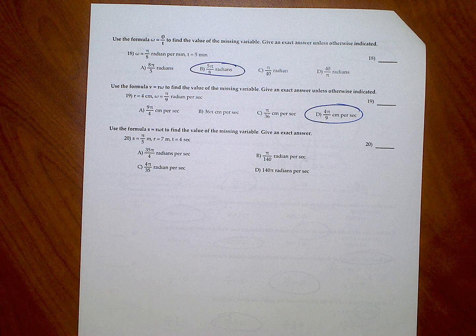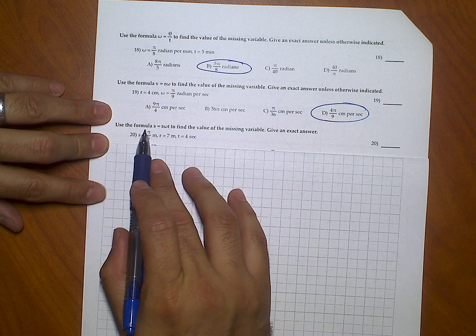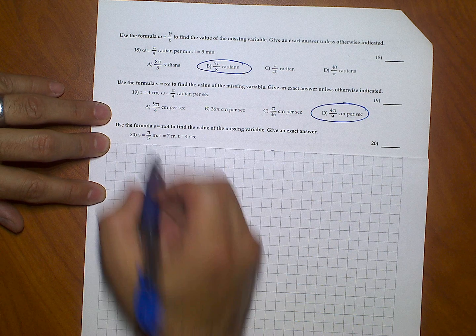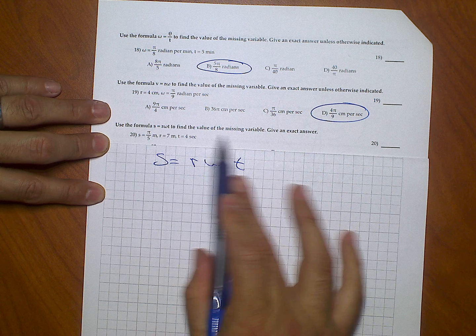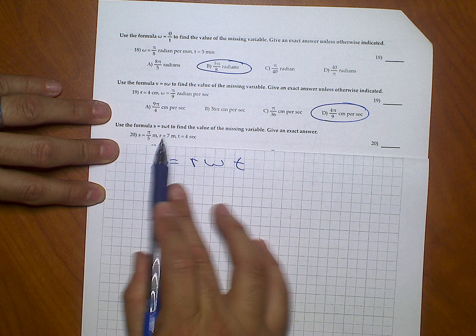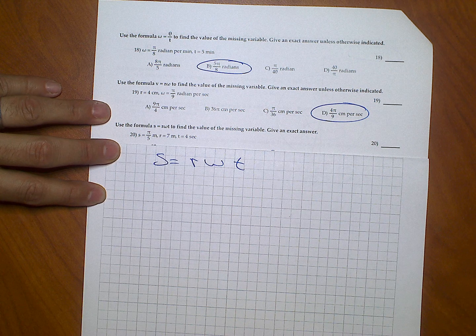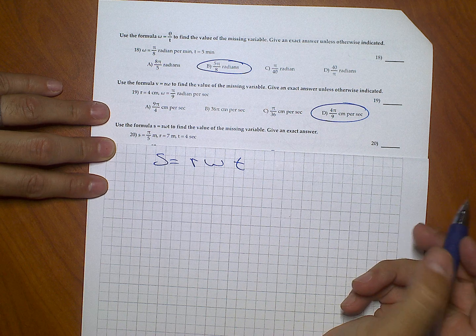Okay. Yeah. All right. So now, this next one says use formula S equals RWT. Find the value of the missing variable. You have S, you have R, and you have T. So which one are we looking for? So now to do algebra first, what am I going to do?